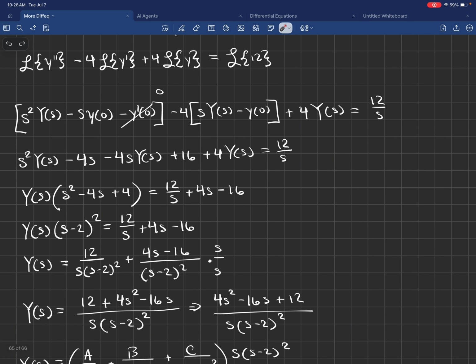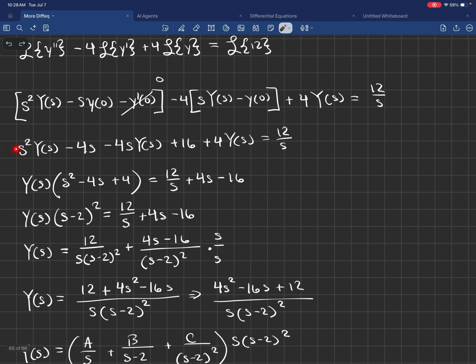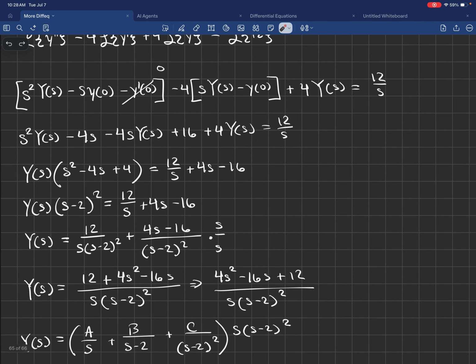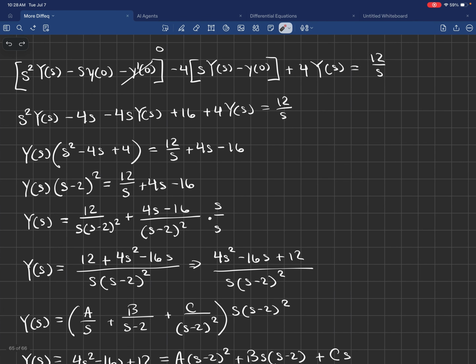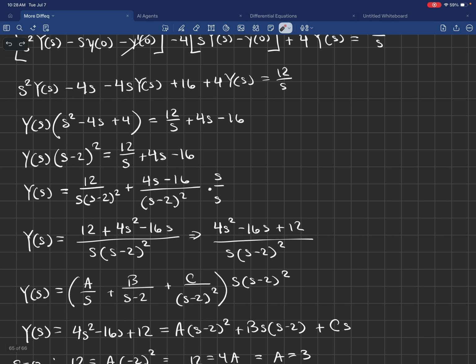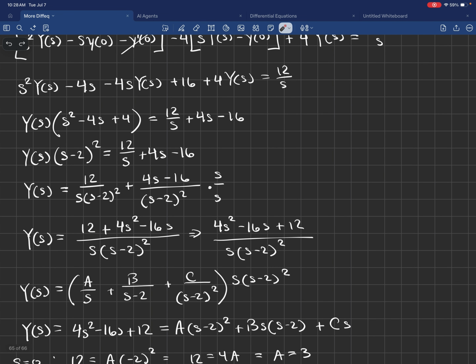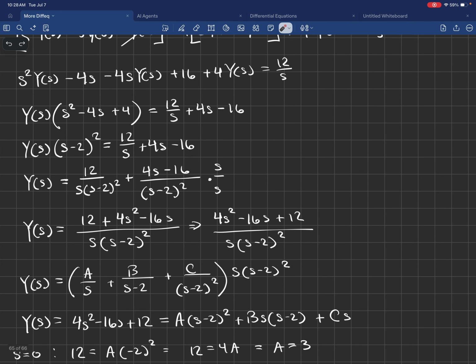Once you get this down, you clean it up a little bit. Our next goal is to isolate the Y of s term. So we found all of the terms with Y of s and collected them inside these parentheses, then subtracted everything else over to the right side. Then we realized that this can be factored, which makes our life easier later on.